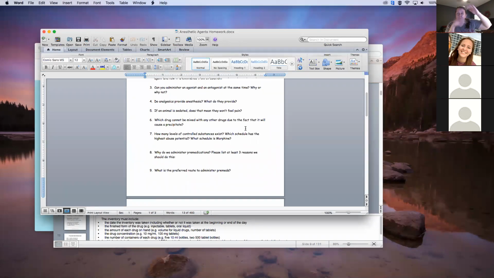It does last longer, but it takes too long. IV kicks in really fast, but it doesn't last as long and I get more side effects. So IM is kind of my happy medium. That's how I want you to understand route. Obviously I also talked about the oral route and sublingual, but the 3 primary routes for surgery are sub-Q, IV, and IM.